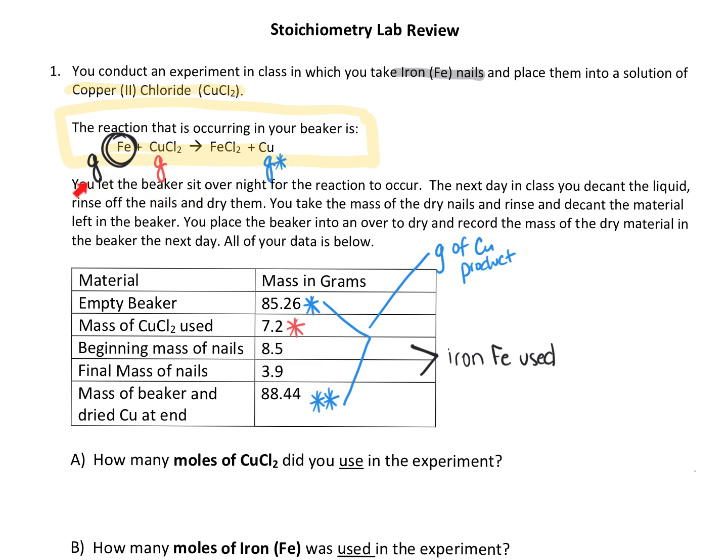We want to make sure that we understand that we have an amount of materials going in, and we can figure out how many grams of copper chloride went in. We can figure out how many grams of iron went in, and then we can also figure out how many grams of copper were actually made. So again, think about this as kind of like a recipe. Remember that we have to have materials go in in order to have products coming out.